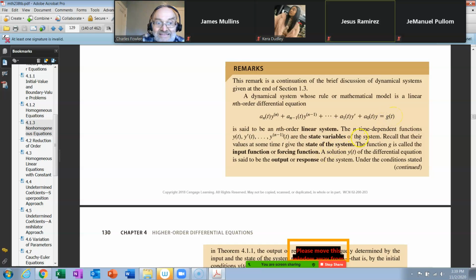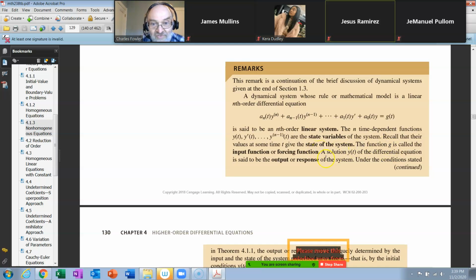The n time-dependent functions, and these are all functions of time, not functions of X, are the state variables of the system. The y prime, y double prime, all the way up to the n minus first prime. Recall that their values at some time t give the state of the system at that specific time t.